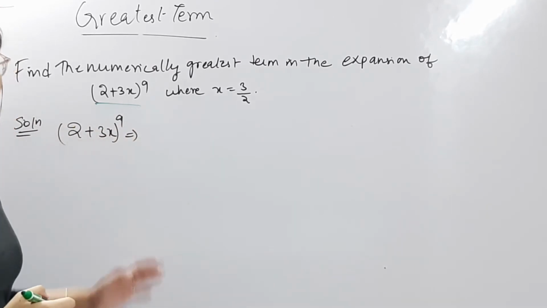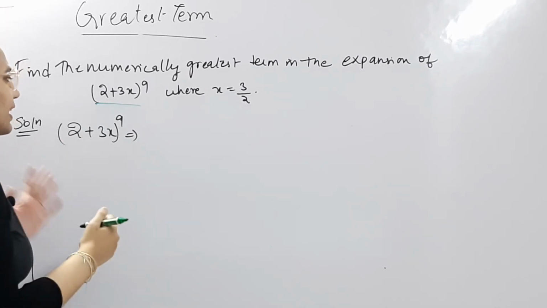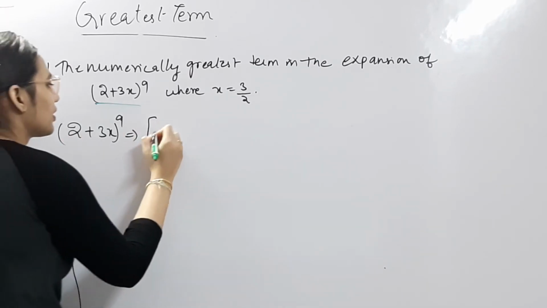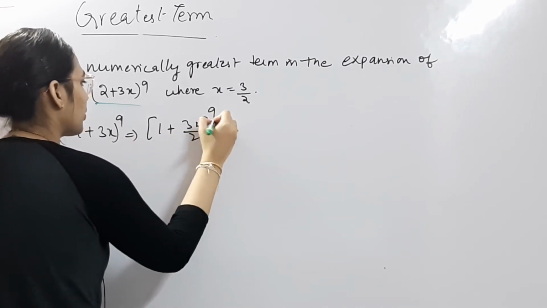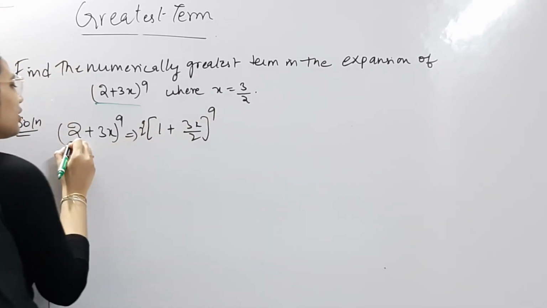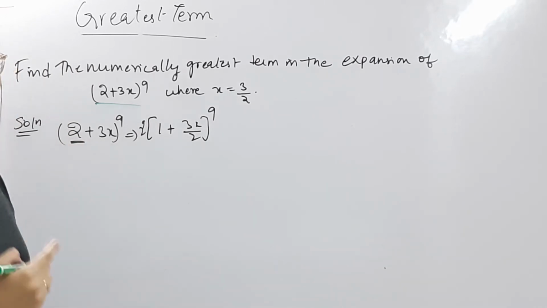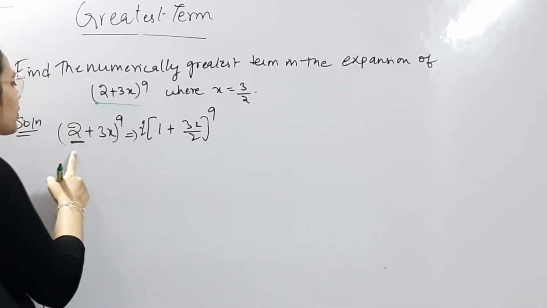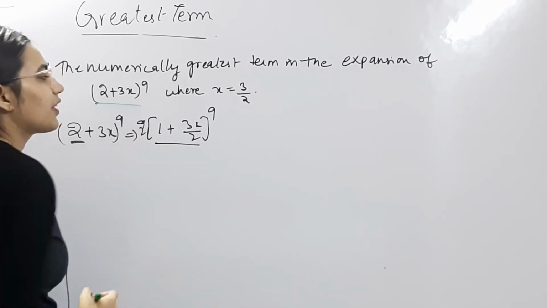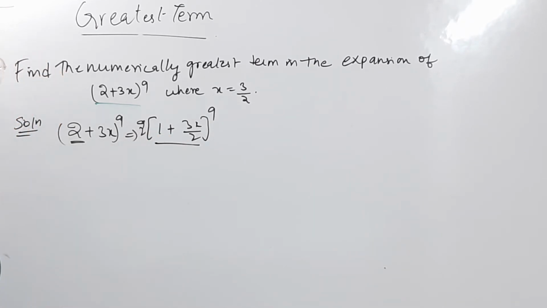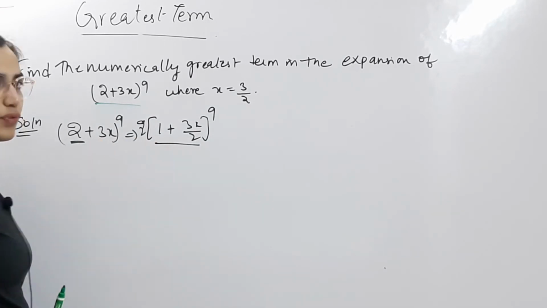What you need to do is get this in the form of x by a, as in 2 power of 9 into (1 plus 3x by 2) whole power of 9. You need to get this term out here because there is no variable associated, and if you get 2 outside, then you will be able to simplify the binomial expansion very easily. So that is the reason we'll just get it out and get this in this form.